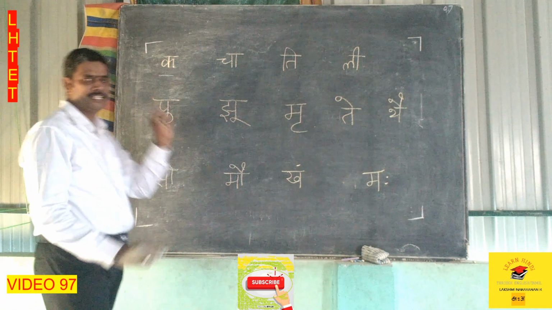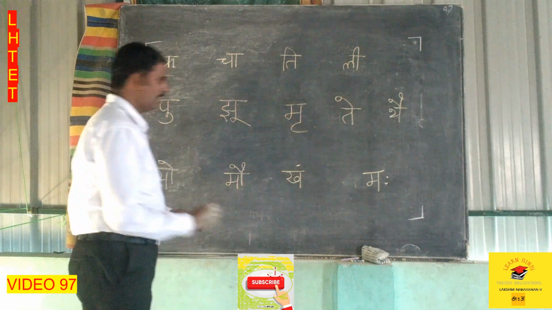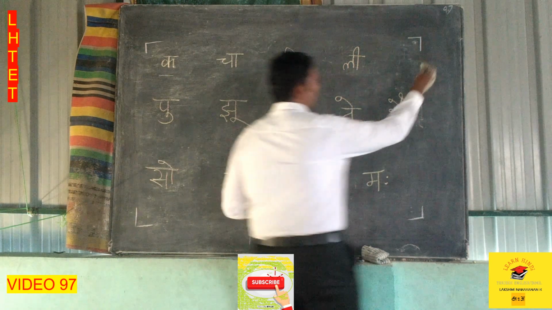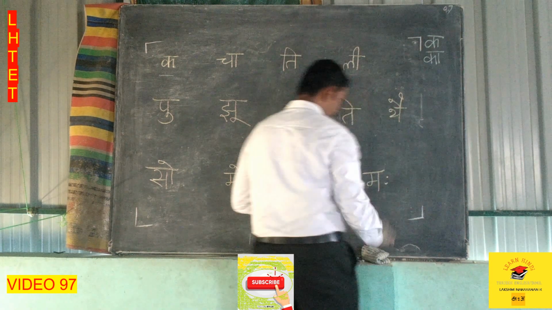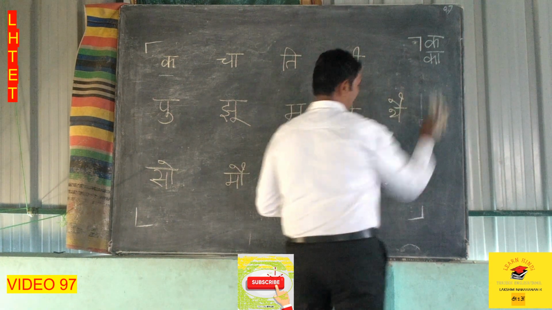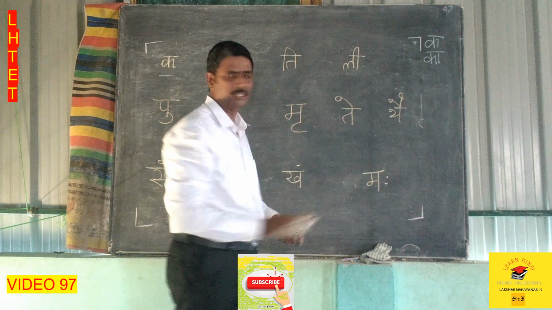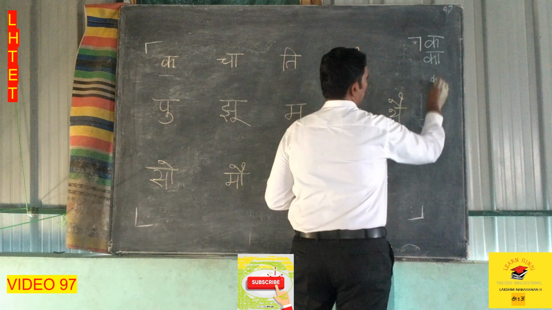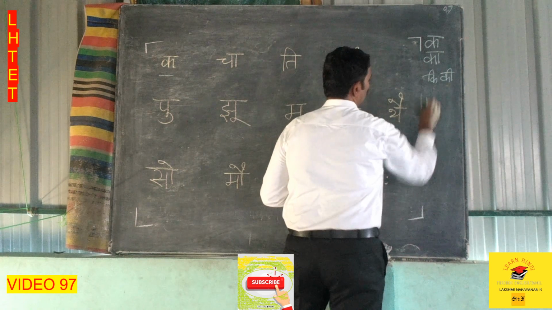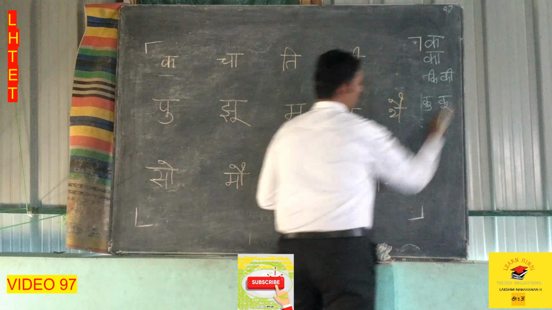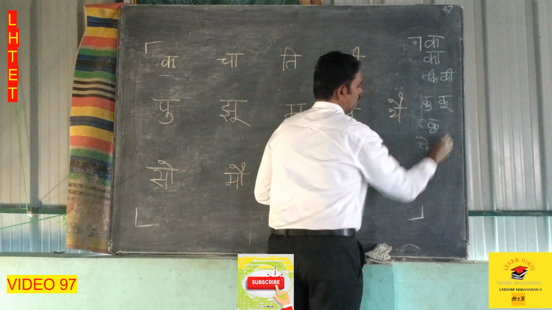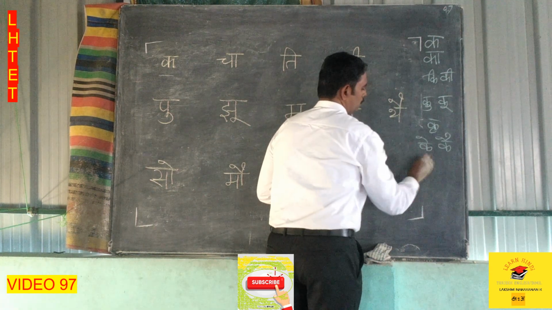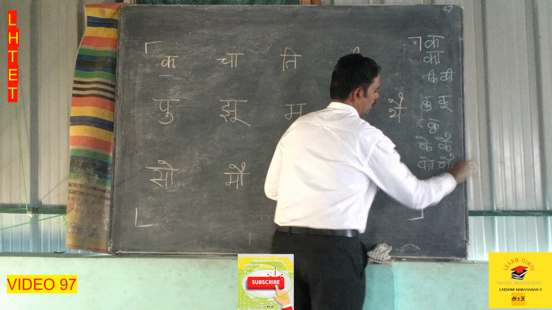See, first we will take ka, ki, right? There are matras, okay? Let me write here. I have already told you ka, ki, ku, kru, ke, kai, ko, kau, kam, kaha.